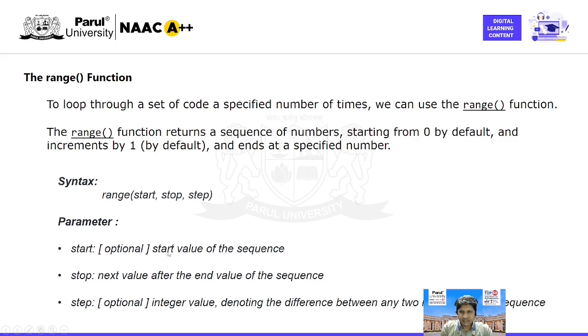Parameters: start is the start value of the sequence, stop is the next value after the end value of the sequence, and step is optional. Start and step are both optional; only the stop value is mandatory. Step is an integer value denoting the difference between any two numbers in the sequence. It means the first number and second number, and how much difference between them, like 2, 3.